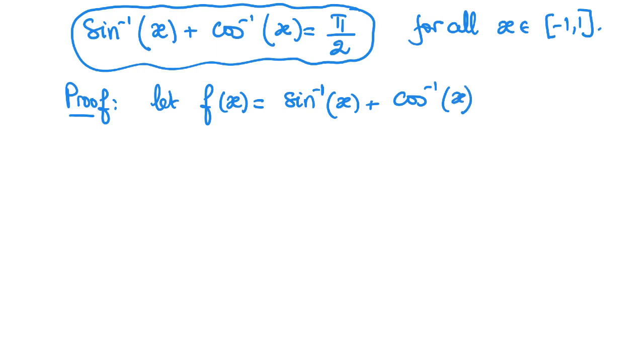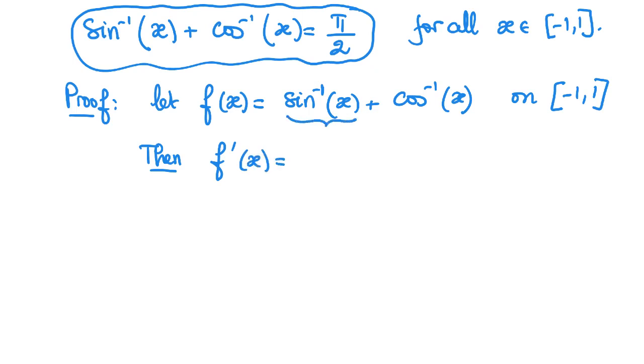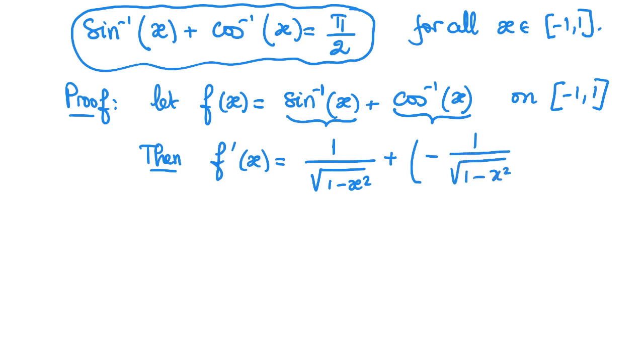This function is continuous, differentiable on the interval -1, 1, and we know that its derivative f dash is equal to the derivative of sine -1, which is 1 over square root of 1 minus x squared, plus the derivative of cosine -1, which is minus 1 over square root of 1 minus x squared.